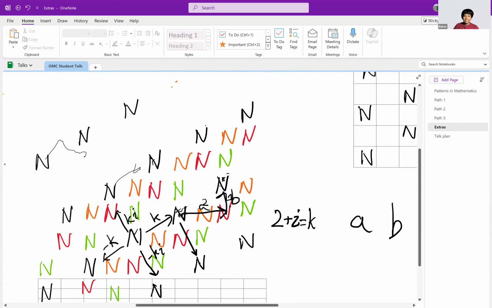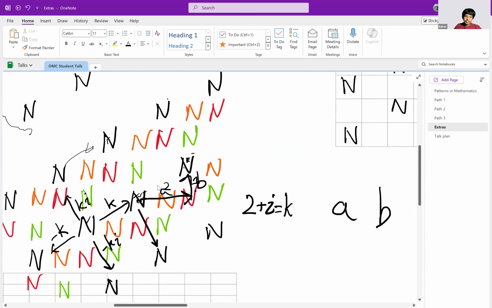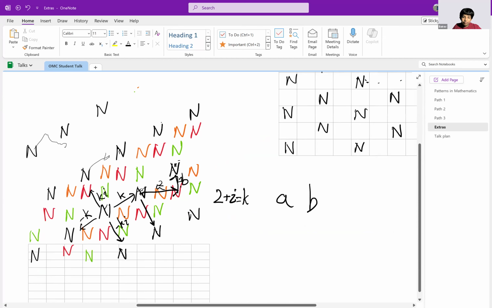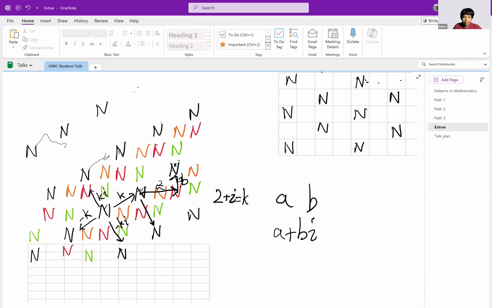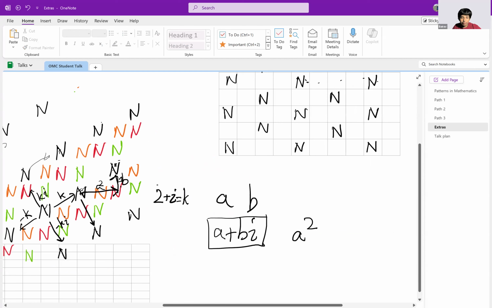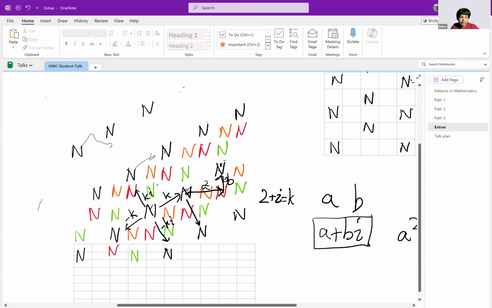And in general, you can see that if we have all multiples of A plus Bi, we actually get that A squared plus B squared is how many knights are required.